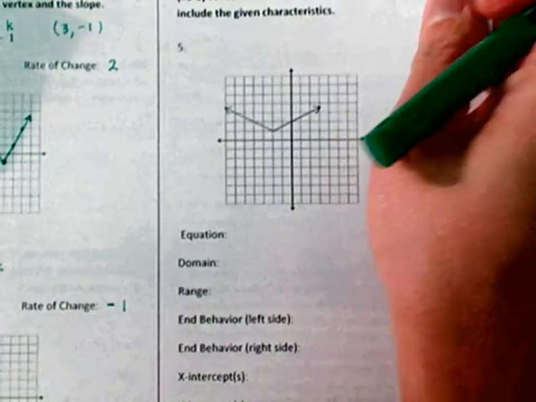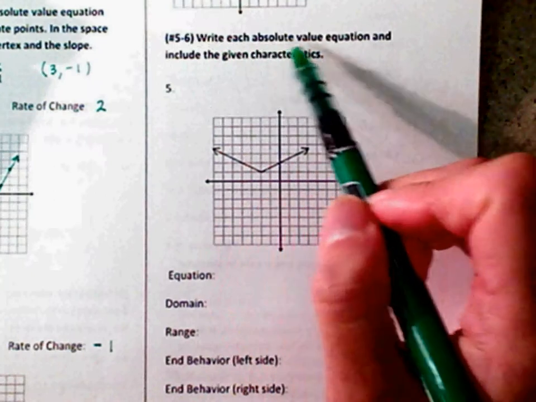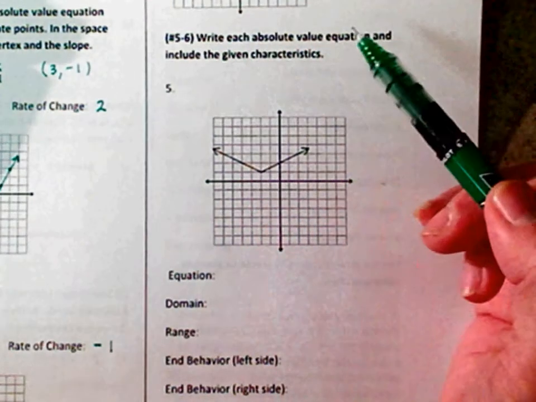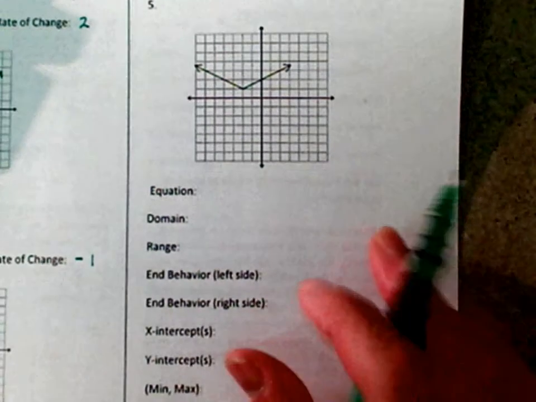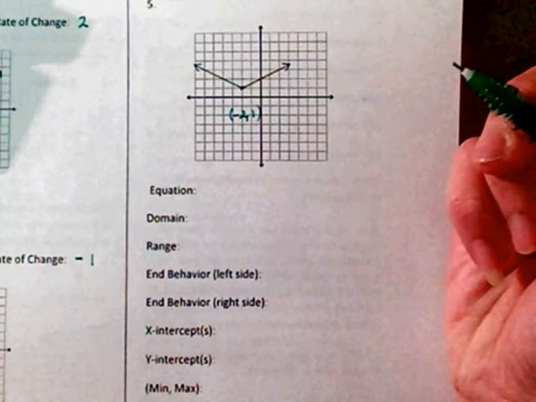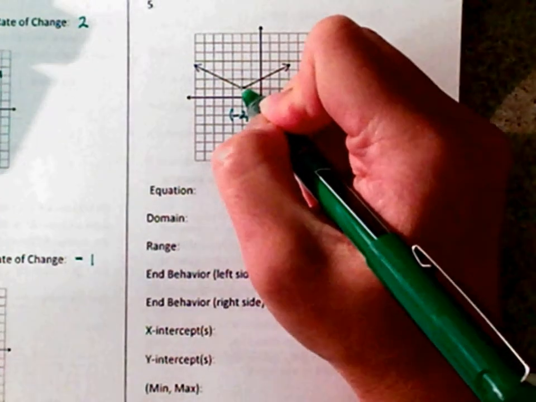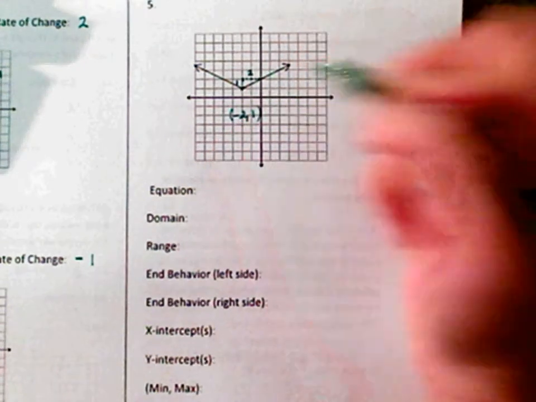Number 5, it says, number 5 and 6, write each absolute value equation and include the given characteristics. So we got the characteristics here, okay? So let's look at this equation. Your vertex is at negative 2, 1. And you have a slope of 1 up, right 2. So that's 1, 2. Okay?